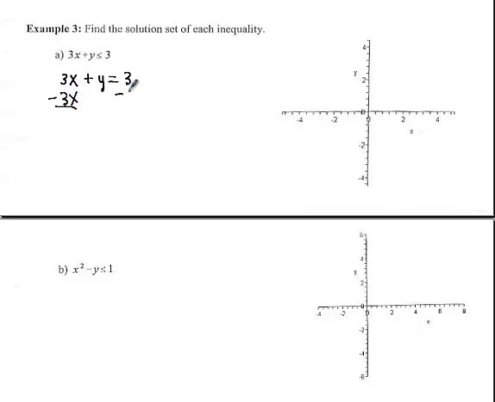In other words, we get the y variable by itself on one side, and so at this point what we do is we locate the y-intercept and the slope.